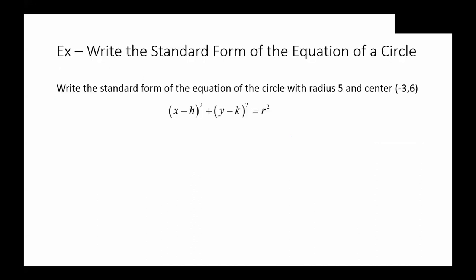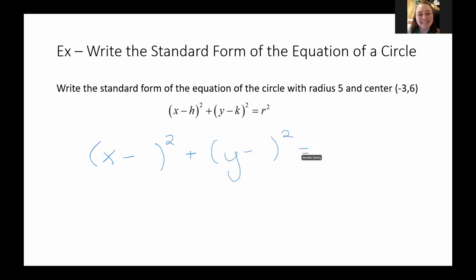Easy as pie. Okay, so let's do a quick example of how we implement the standard form of the equation of a circle. Write the standard form of the equation of the circle with a radius of 5 and a center of (-3, 6). So let's start by writing our equation. Now let's plug in all of those numbers that we have.